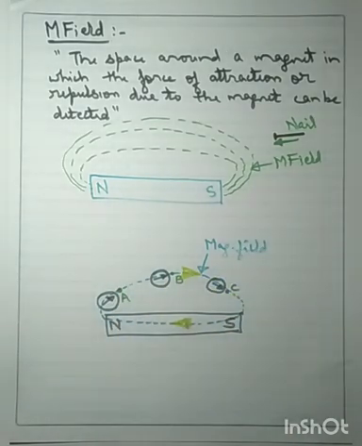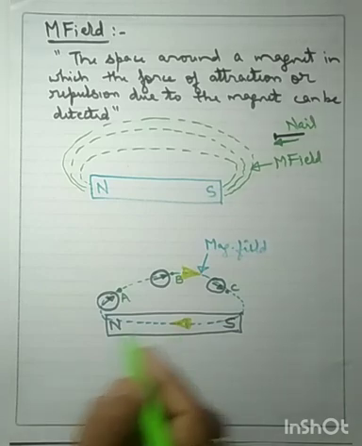Now, what are the properties or characteristics of these magnetic field lines?